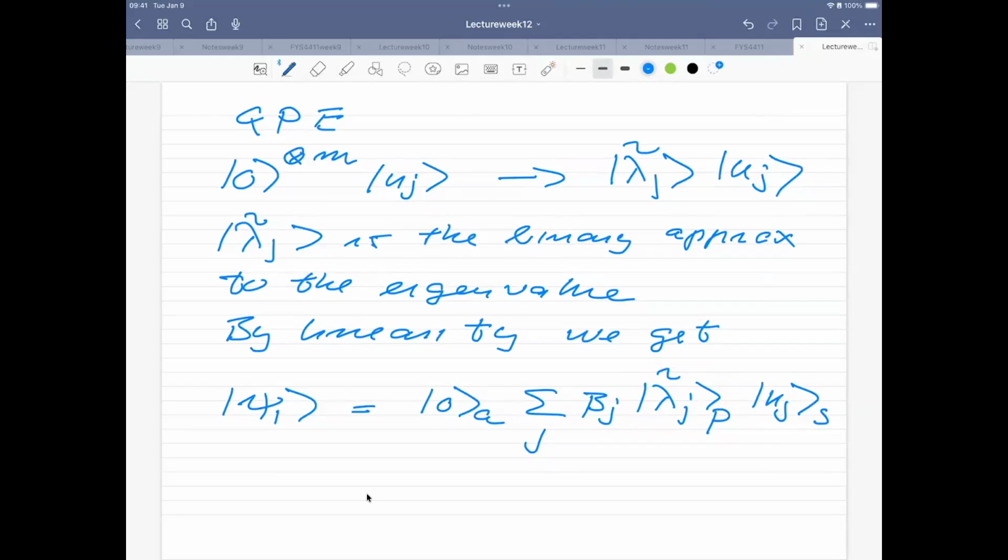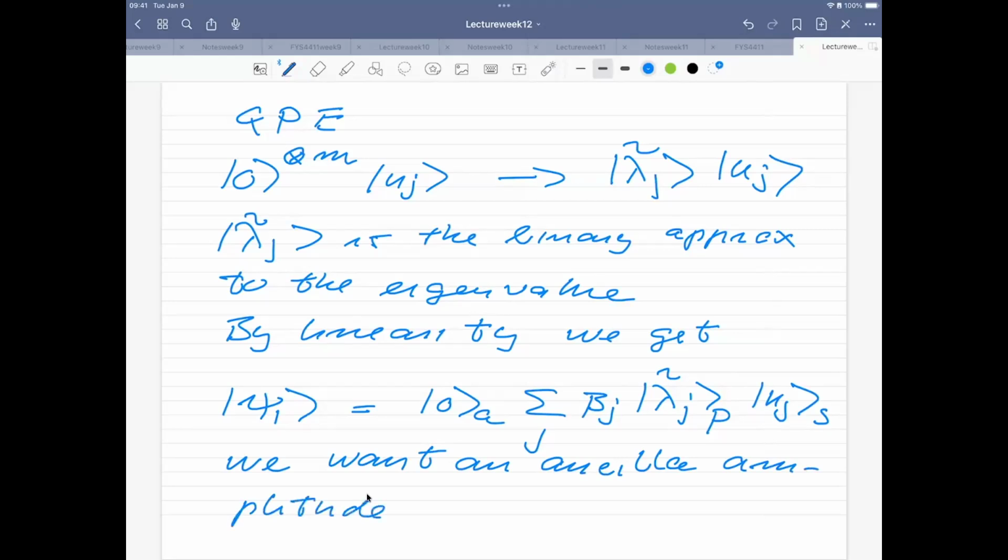So what we would like now is to have an ancilla part, and this is where the ancilla comes in. So we want an ancilla amplitude which is proportional to 1 over lambda j.